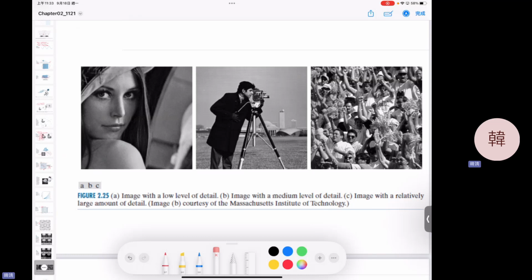Even the textbook uses this one. And we are going to put 3 images here. So what's the difference between these 3 images? Anybody can observe? What are the differences among these 3 images?